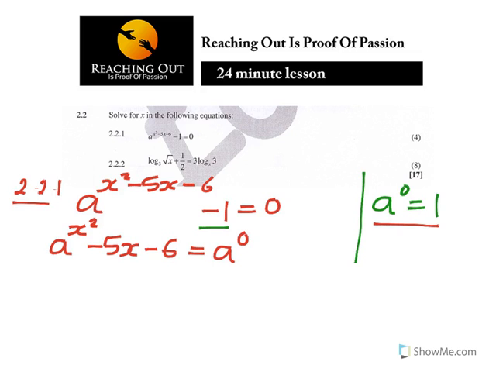Remember, any number to the power of 0 is a 1. So you're trying to match the exponents, and the laws of exponents say if a to the power x is equal to a to the power of y, if the bases are the same, therefore the exponents are also equal.